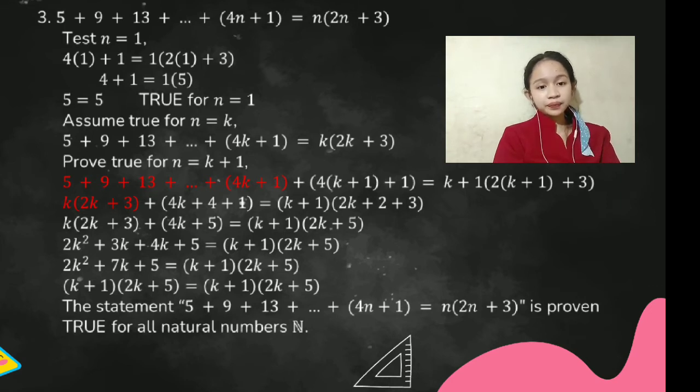So, here we are. The statement of 5 plus 9 plus 13 plus dot dot dot quantity of 4n plus 1 equals n, the quantity of 2n plus 3, is proven true for all natural numbers n.